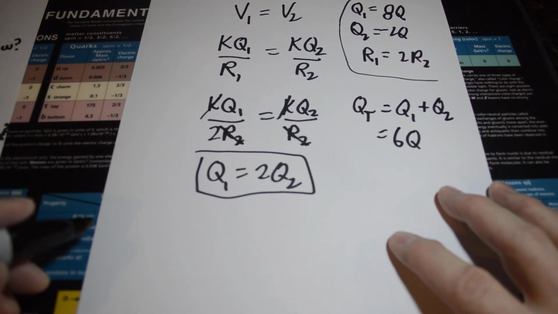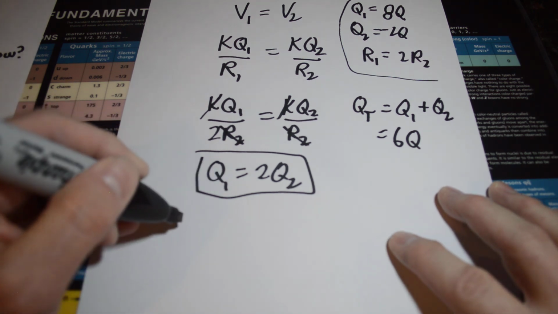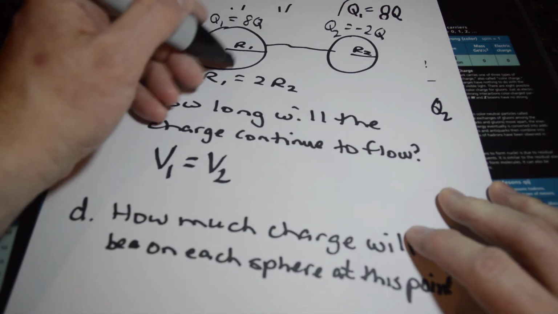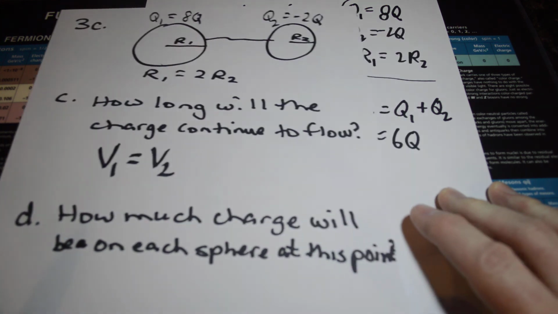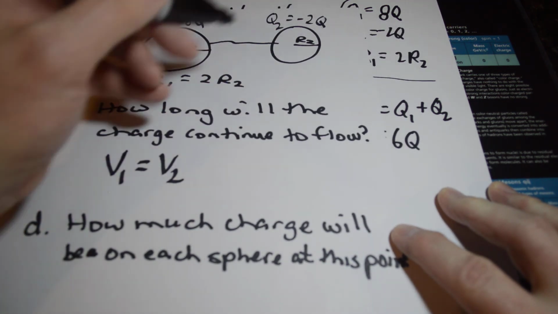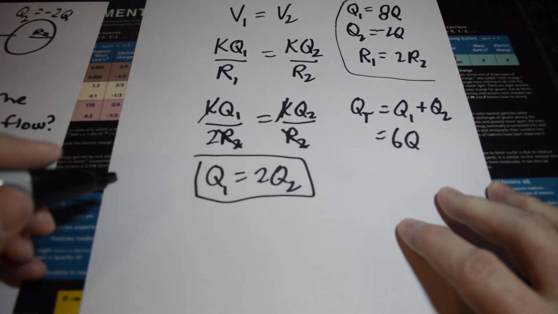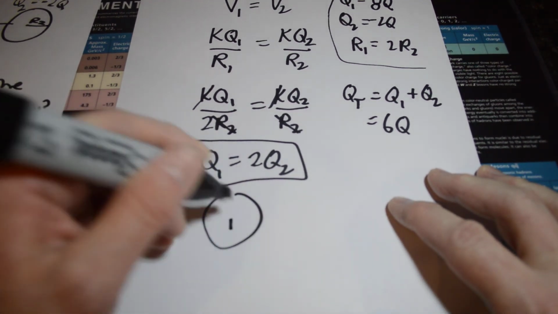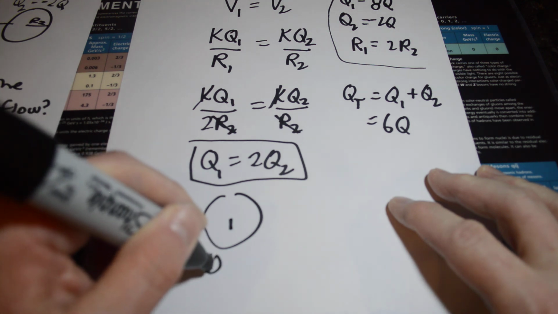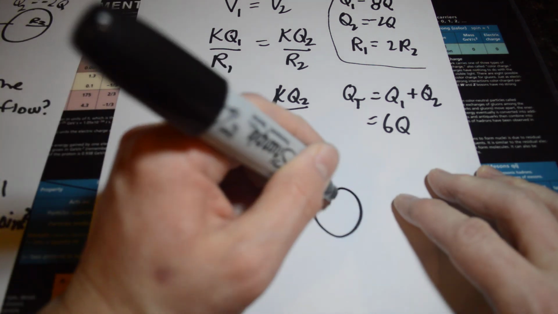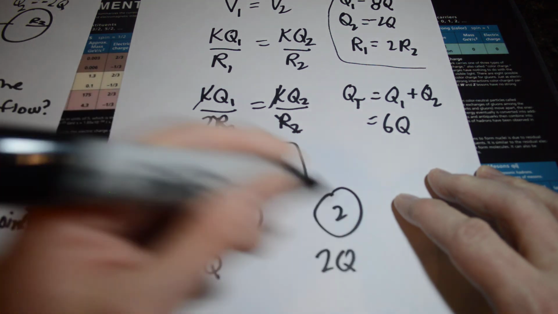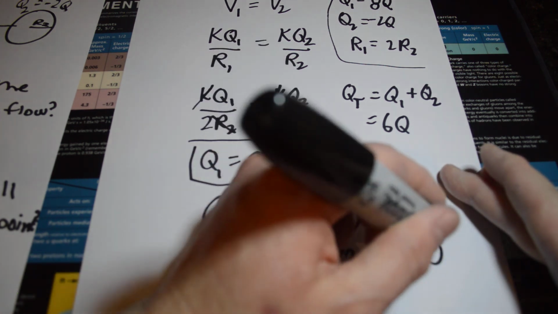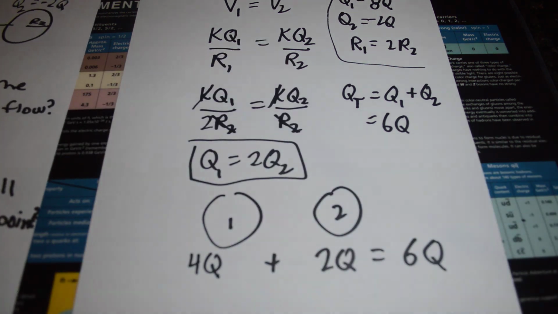So basically you split it into thirds: sphere 1 gets 2/3 of the charge, and that leaves 1/3 for the other. By the time you're done, you're going to have 4Q on one and 2Q on the other. And when you add them together, sure enough, that gives you 6Q, which is the end result.